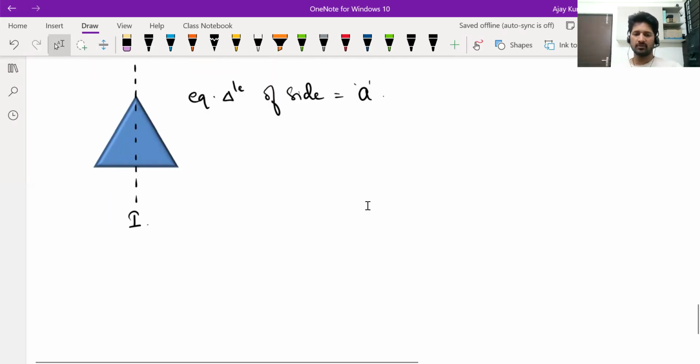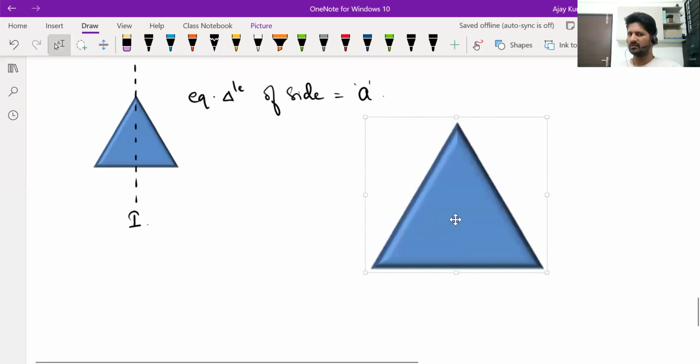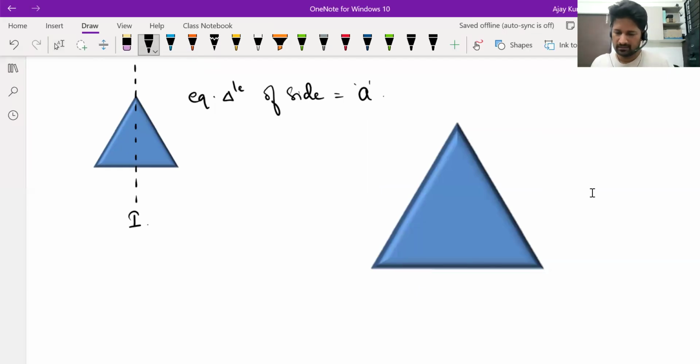From the same cardboard, suppose you make a triangle like this. Okay, this is also a triangular plate itself. A cardboard sheet is cut. And if you are given a similar axis like this, how much will the moment of inertia of this one be?